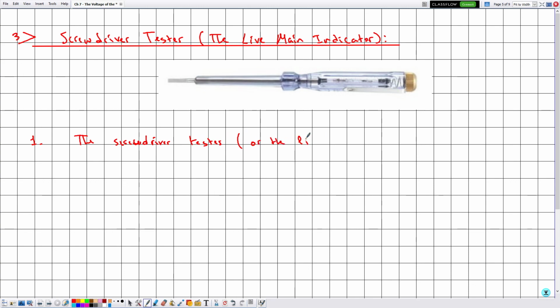Or the live main indicator is a device which allows us to distinguish.